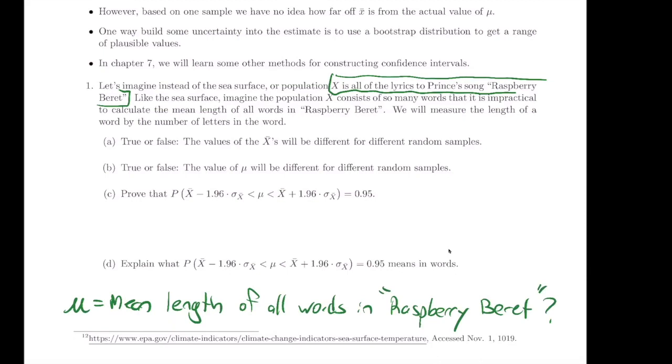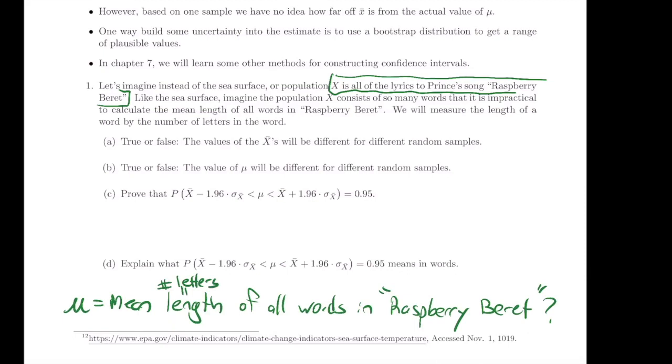And again, this is a case where we actually can calculate that, but just kind of pretend that we didn't know what that was. Then what I can do is I can pick a random sample of words from the song. And so here, what we're measuring the length is like the number of letters.